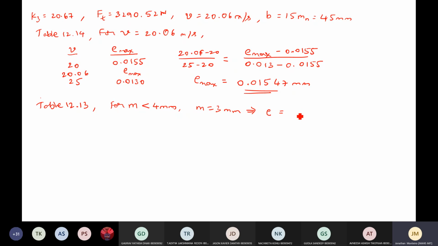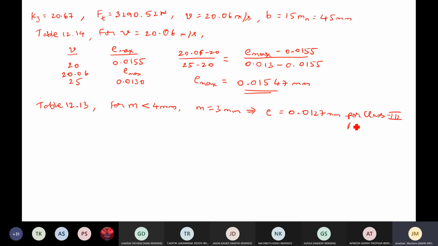What we will do is we'll take the least possible value. So error, let us say, 0.0127 mm for class 3 gears.